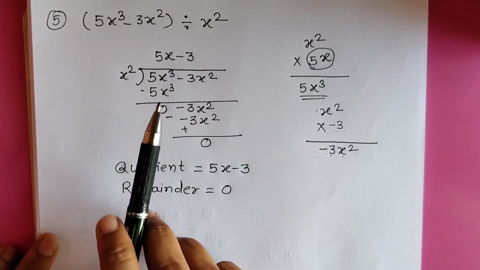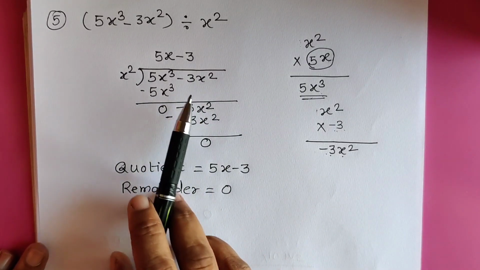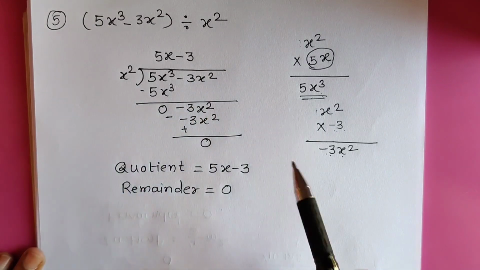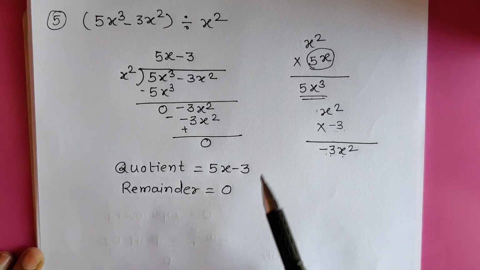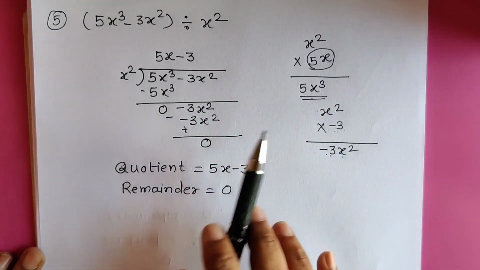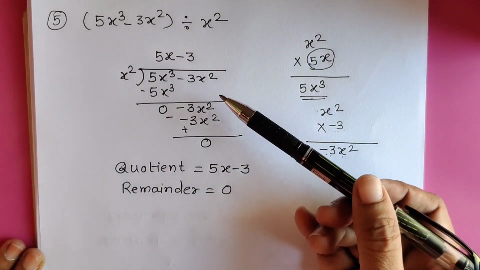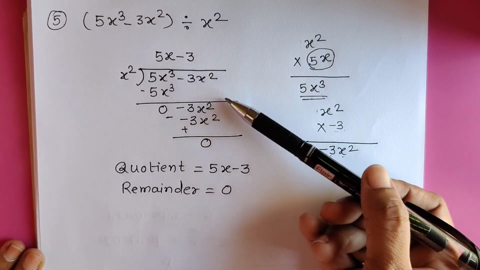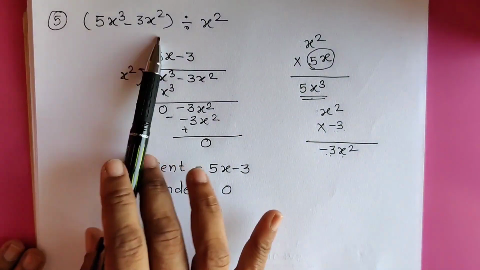So when two terms are there, the division gets over in 2 steps. Most of the time it is in the 2 steps. Sometimes when the remainder is not 0, we can stop over there. But here we can see that the division is completed in 2 steps as there are 2 terms in the dividend.